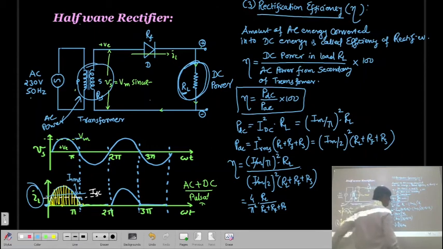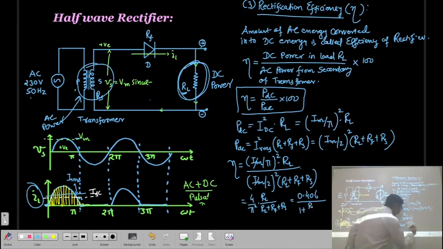If you calculate the numerical value of 4 by pi squared, it is 0.406, and dividing by RL, we get 1 plus RF plus RS divided by RL.